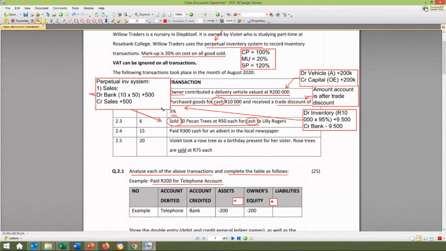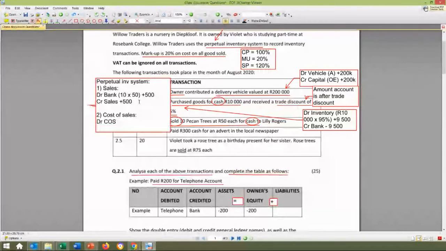Okay, the second transaction that you will have to do is the cost of sales. So now we have to move the inventory that we disposed of to cost of sales. So we know we're going to debit cost of sales and we are going to credit inventory. But now remember, this value will be at the cost of what those goods cost me.